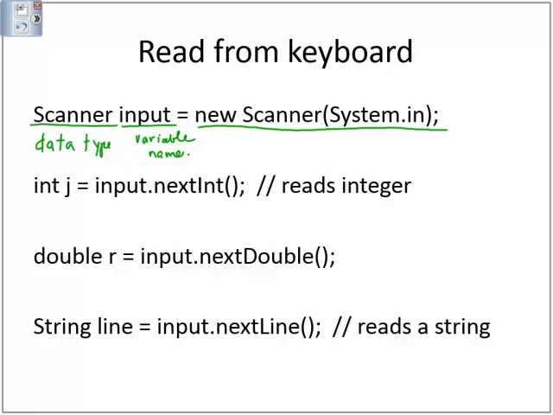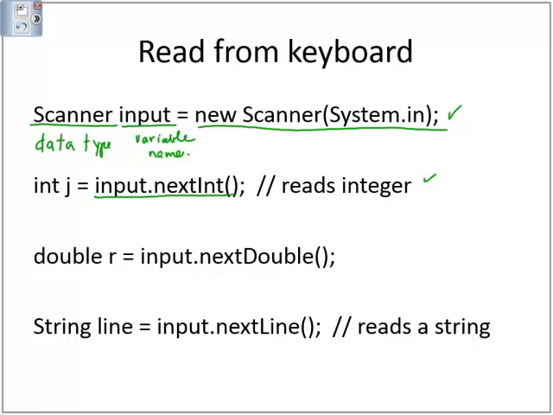If you want to read an integer, you use the variable that refers to your keyboard input. You say input.nextInt. The person can type something, and that will be converted into an integer and assigned to the variable j. If you want to read a double, something that has a decimal point in it, you can say input.nextDouble, and that will be put into a variable r.